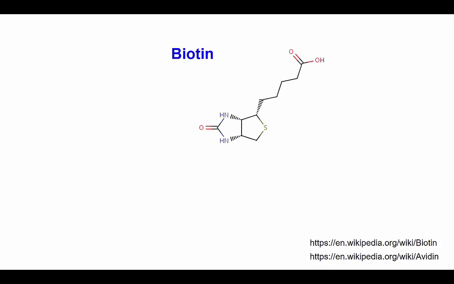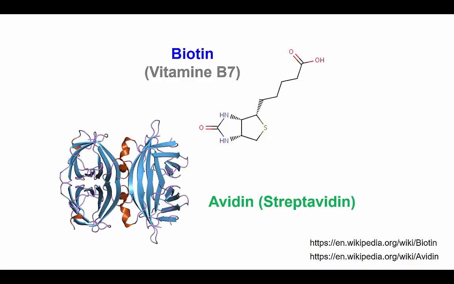In that case, there's one interesting and very common tool. This is the structure of biotin, and biotin is one of the vitamins, vitamin B7. The unique and interesting property of biotin is it has very high affinity to the protein avidin. And for research, streptavidin, one kind of avidin, is the most popular protein which we use. The binding affinity of streptavidin to biotin is very high.